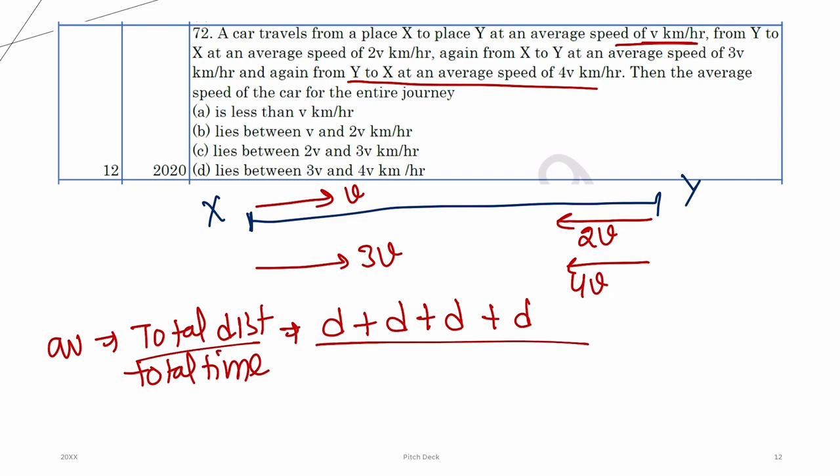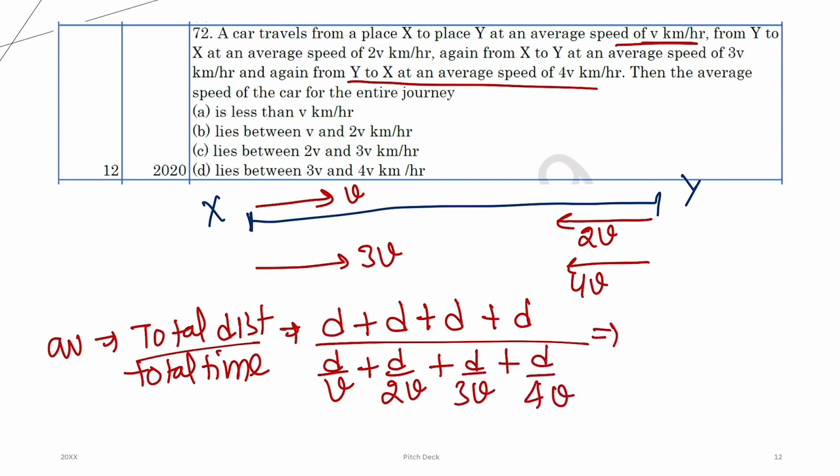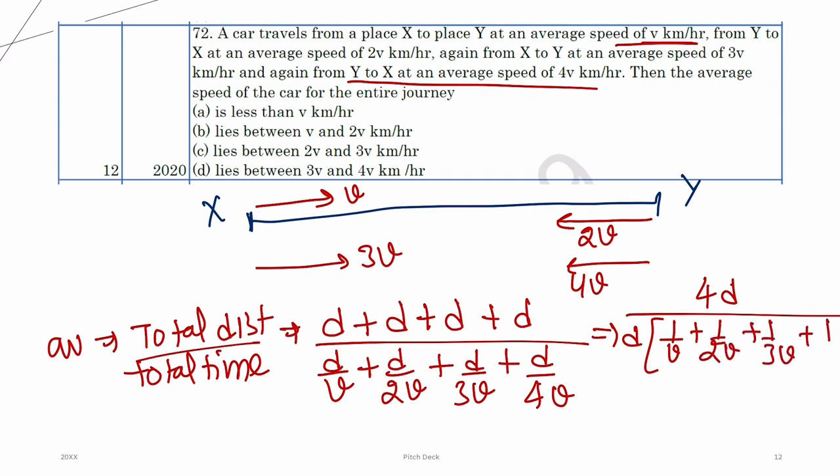In the first trip it is d by v. In the second trip, d upon 2v. Third one, d by 3v. Fourth one, d by 4v. Solving this, you will get 4d, with d common, divided by 1 by v plus 1 by 2v plus 1 by 3v plus 1 by 4v. Right? D cancels out.